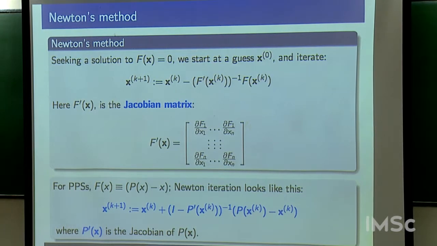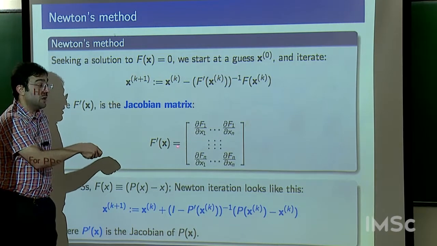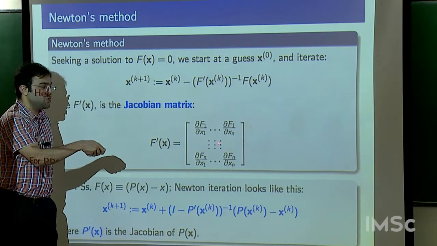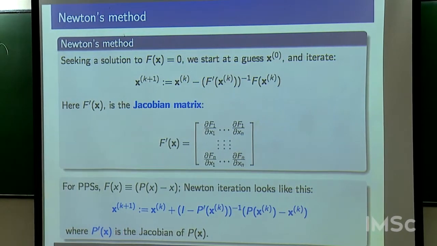So again, the Jacobian matrix in the ijth coordinate has the derivative with respect to the jth variable of f sub i, okay?